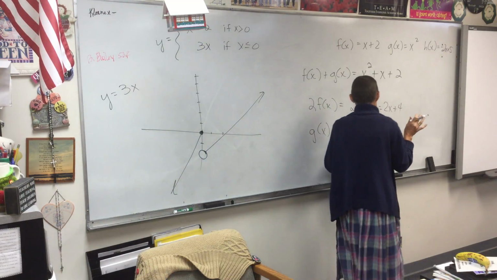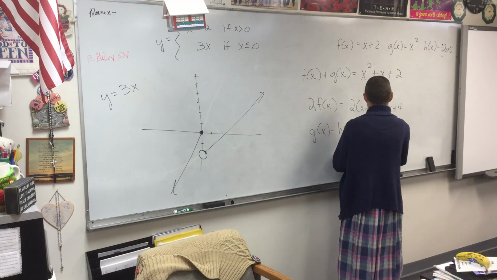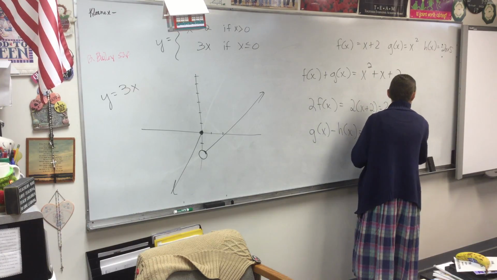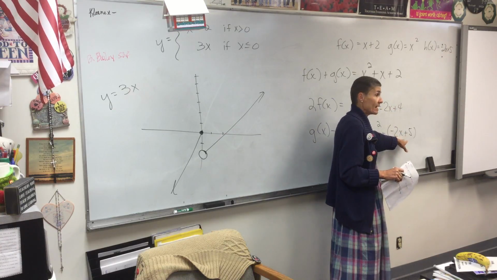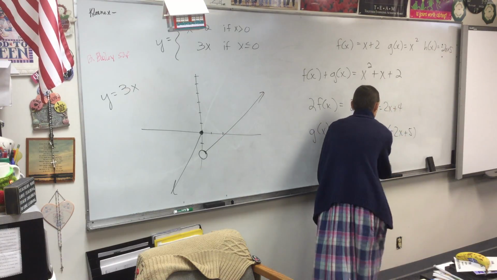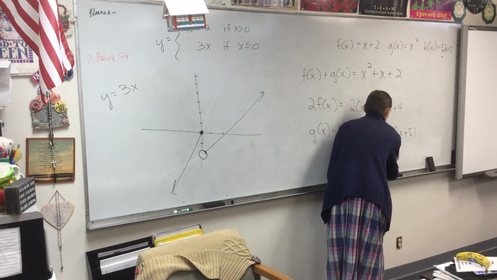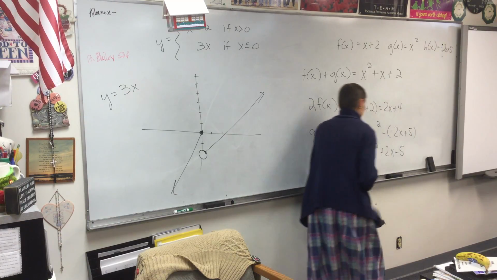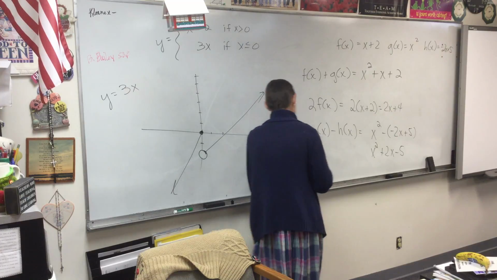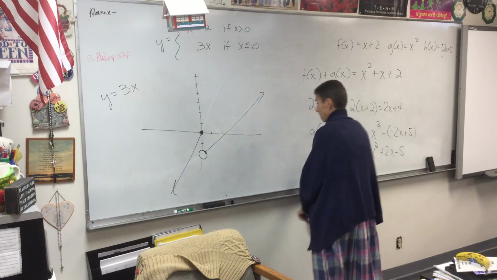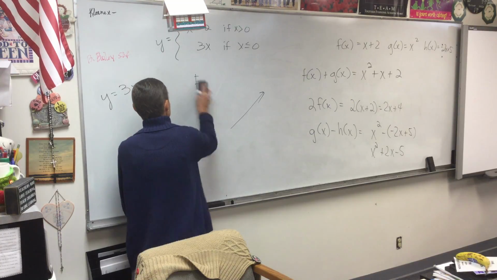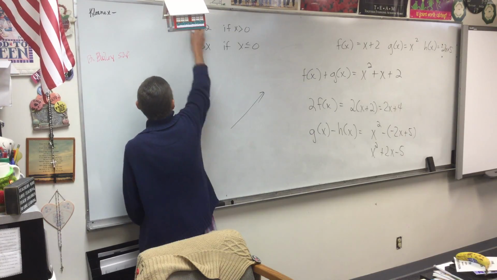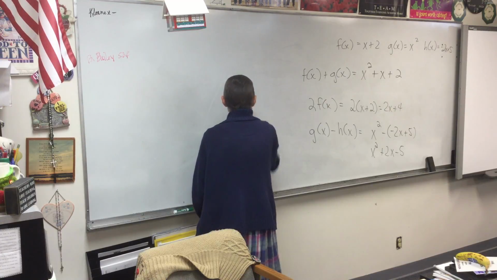Yep, watch your subtraction. It's going to be x squared minus negative 2x plus 5. That is g minus h, so we'll have to distribute. And we end up with x squared plus 2x minus 5. This is easy as can be. This is not difficult at all.